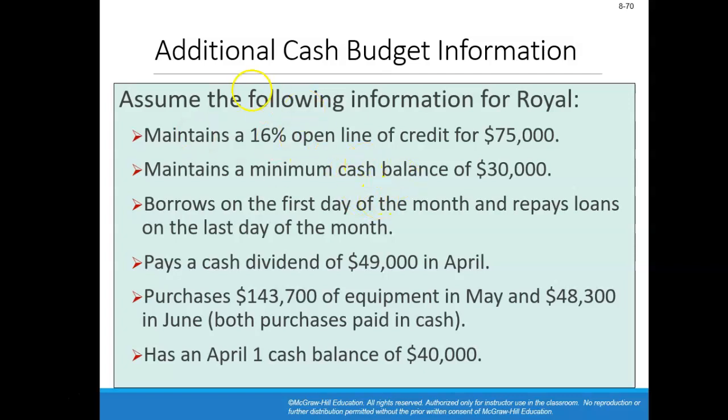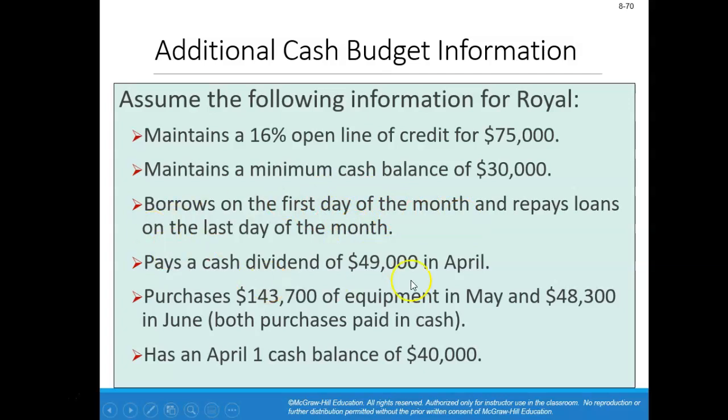At the end of each month, we want to maintain a monthly balance of $30,000. If we borrow money on the first day of the month, the goal is to repay the funds on the last day of the month. So if we need to borrow money, we'll borrow it on the first day of the month, and if applicable, we'll pay the loan back at the end of the month.